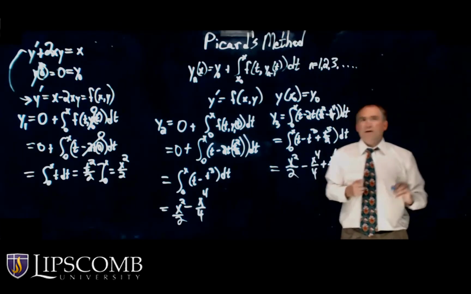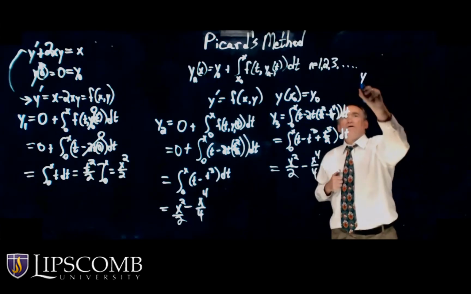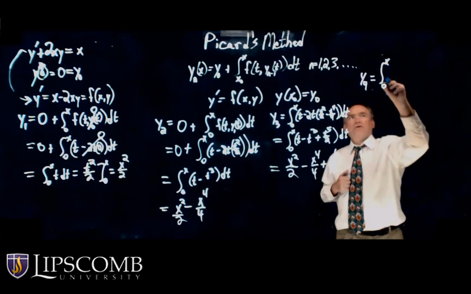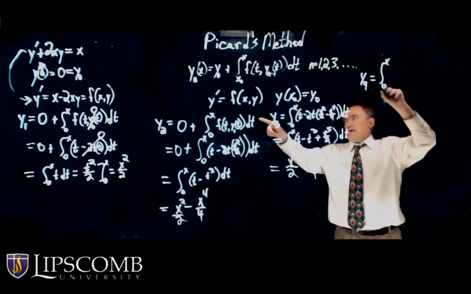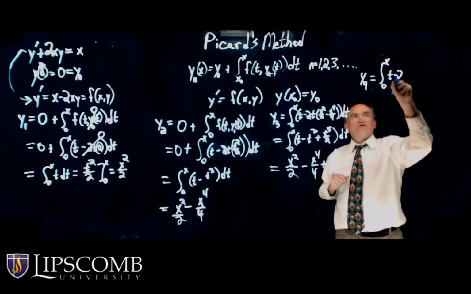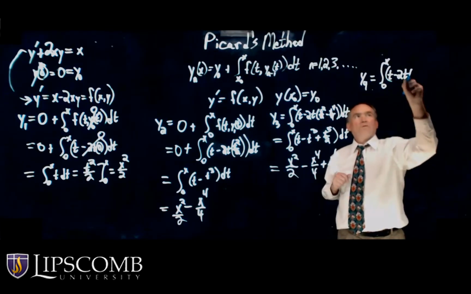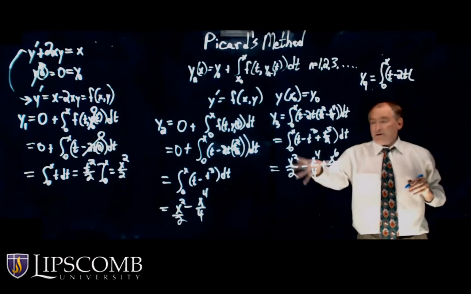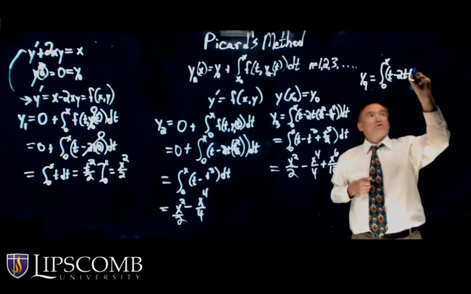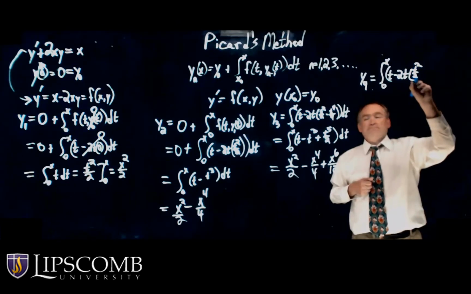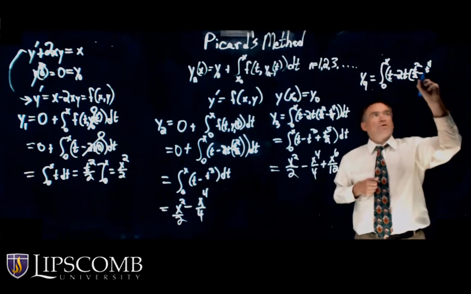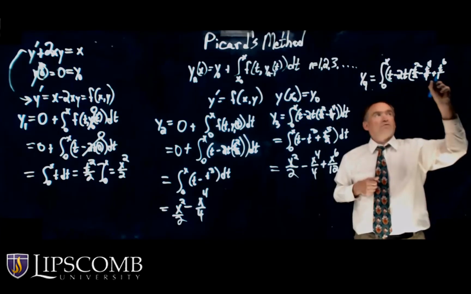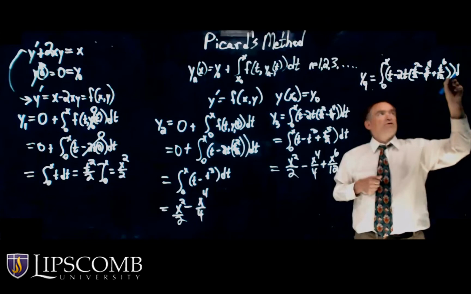Okay, one more time. Let's do y sub 4. It equals the integral from 0 to x of t minus 2t times what am I going to replace the y with? I'm going to replace it with this, with t's instead of x's: t squared over 2 minus t to the 4th over 4 plus t to the 6th over 12, dt.